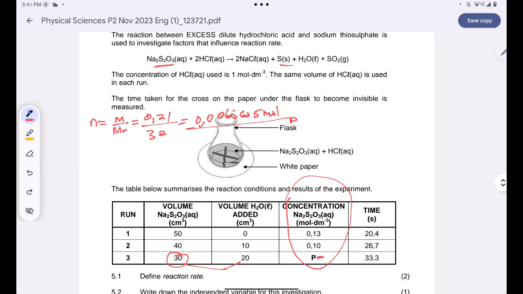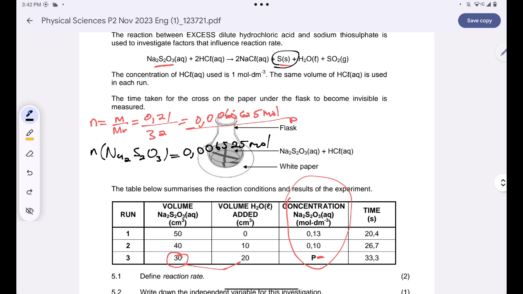So which simply means that the number of moles of sodium thiosulfate which were used to create this amount of sulfur will also be equal to 0.0065625 moles. Are you together?